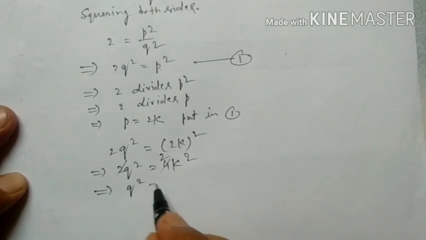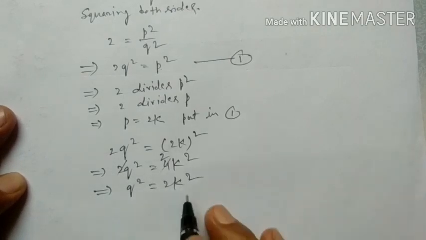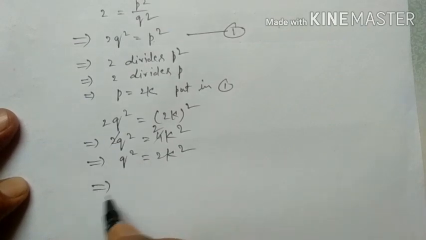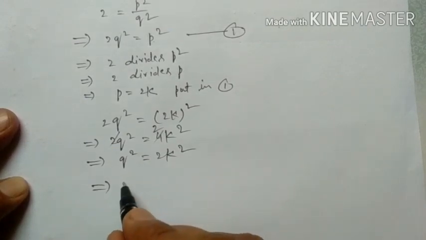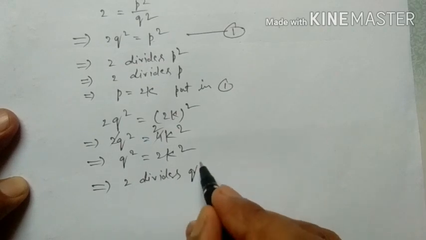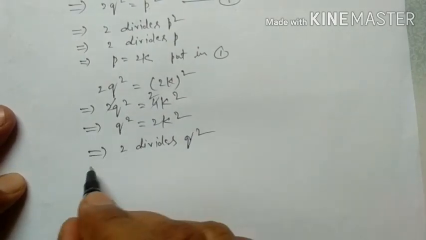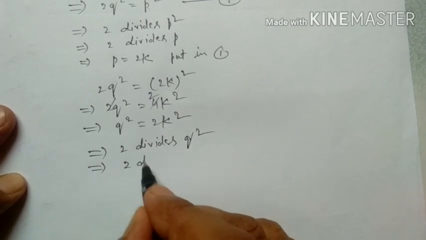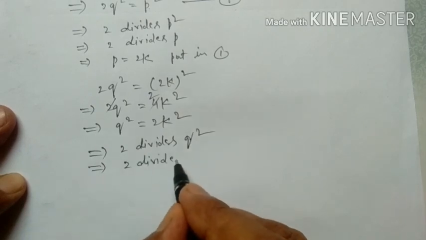So we can write q square equal to 2k square. It means 2 divides q square, and this implies 2 divides q.